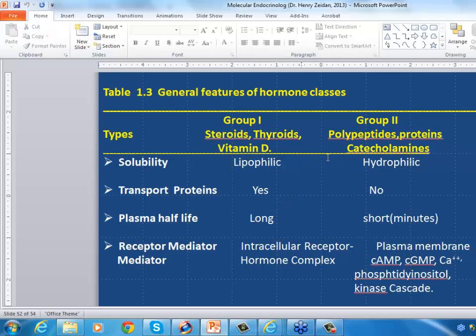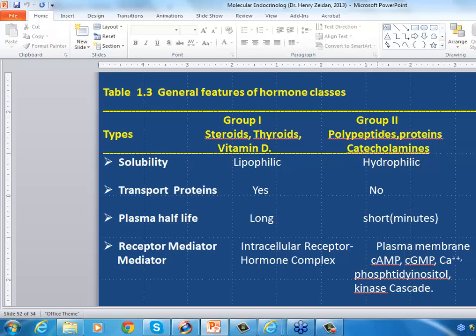Lipid-soluble hormones versus water-soluble hormones. Solubility, lipophilic. Keep in mind lipophilic. They are lipid soluble in nature, and therefore they have to be carried by specific carriers. What are those carriers again? Cortisol binding globulins. Globulins are the essential carrier for cortisol, essential carrier for thyroid hormone, essential carrier for estrogen, testosterone. That's why you expect to see a free versus bound form.